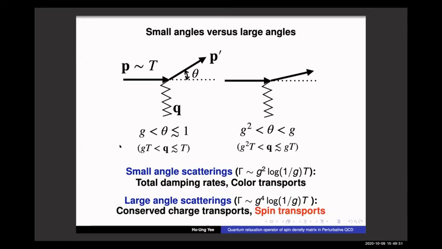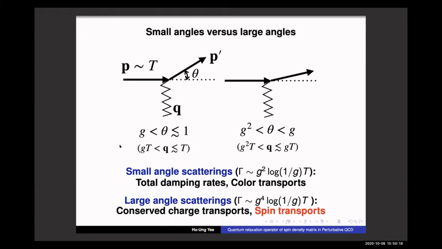So now let me also talk about a very important aspect, which is quite general in the computation of transport in weak coupling regime. There are two characteristic scattering events. One type of scattering involves large angles between initial and final state.